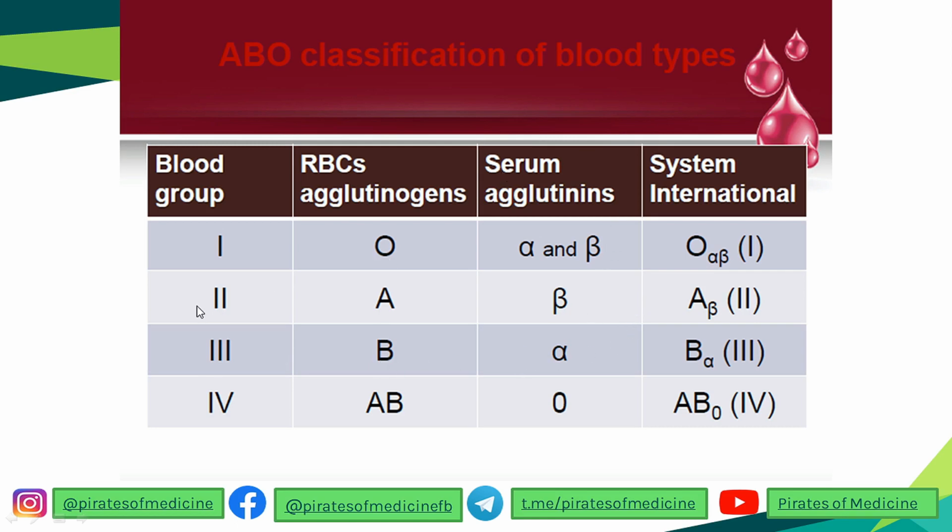The serum 1 contains antibody A and antibody B. So this antibody A will attack antigen A and antigen B. If you give a patient whose blood group is O, blood group O does not have any antigen, so it will not cause an antibody-antigen reaction over here. Similarly, it will not cause one over here, or over here.